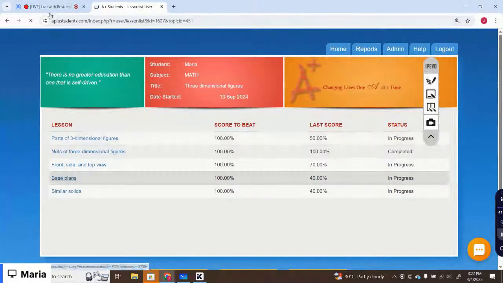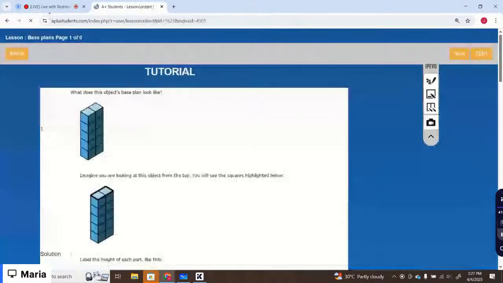These plans, let's just start with the lesson. What does this objects based plan look like?